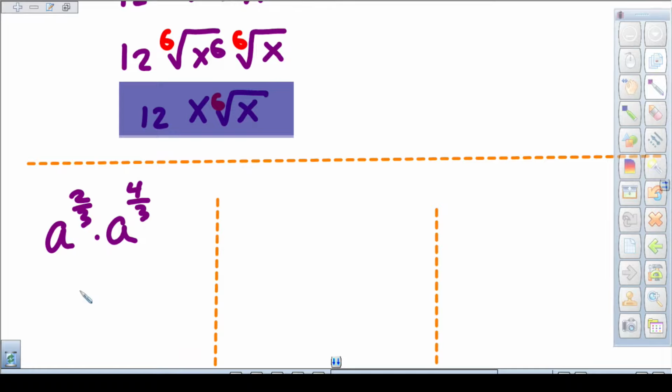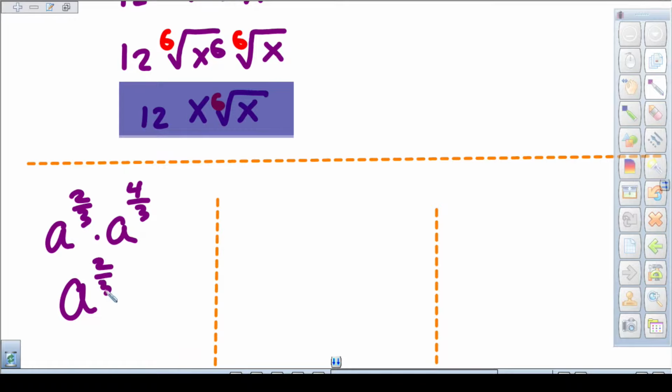Okay, what would you do here? Somebody help me out. What do you think I could do to the exponents if I have the same base? That is true. Just add the exponents.